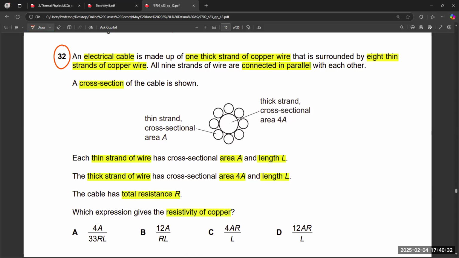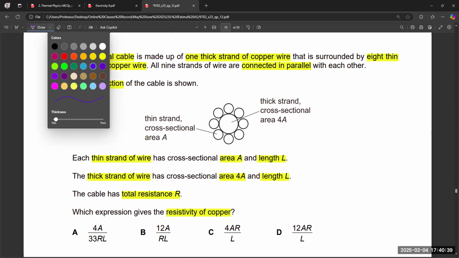So basically the concept of resistivity is very simple. We know that the resistivity formula can be derived from this one.